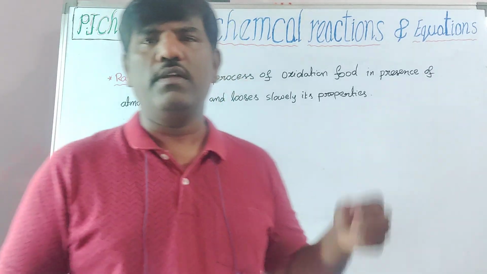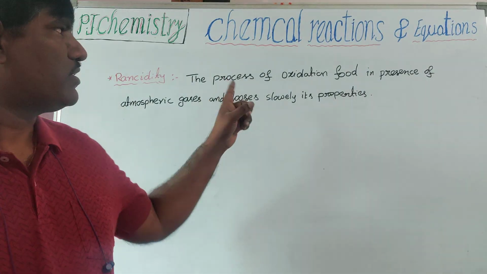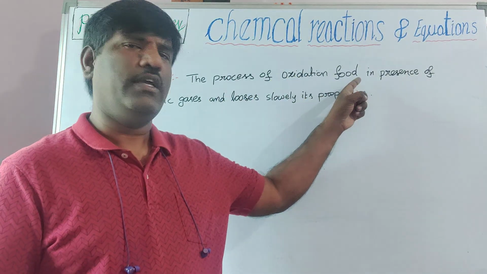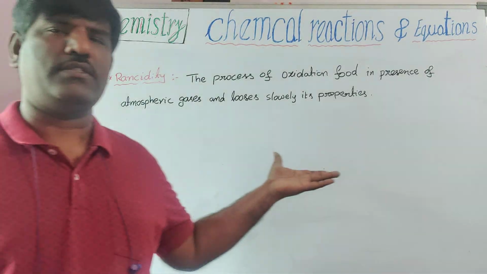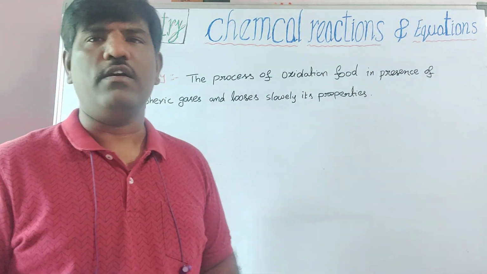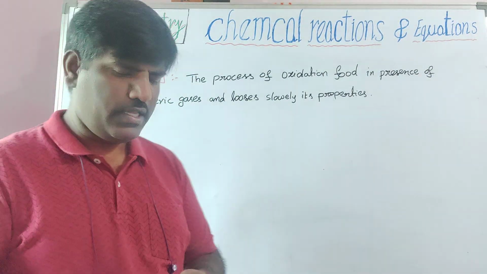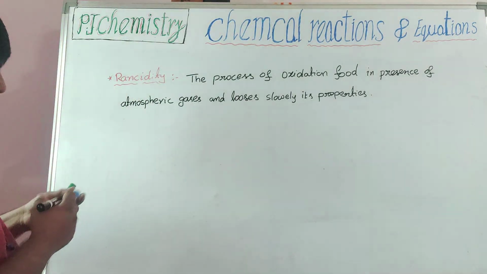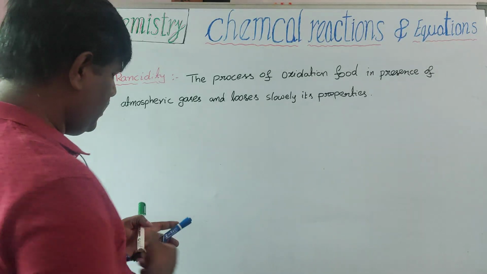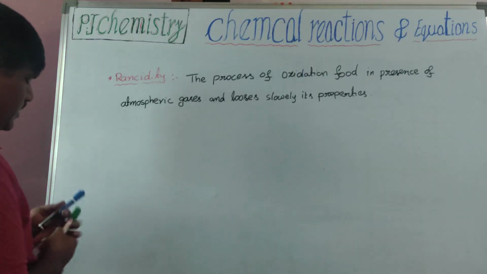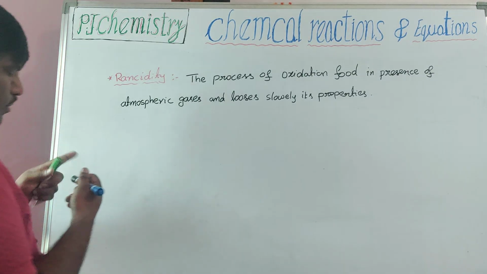It is a process of oxidation of food in presence of atmospheric gases, and it loses its properties. Because this food contains oils, those oils in contact with atmospheric gases will get decomposed and spoil.